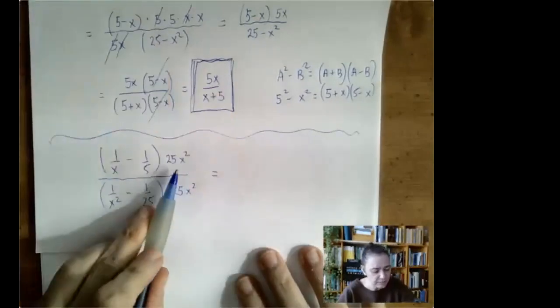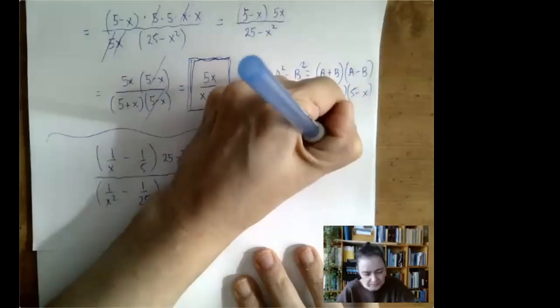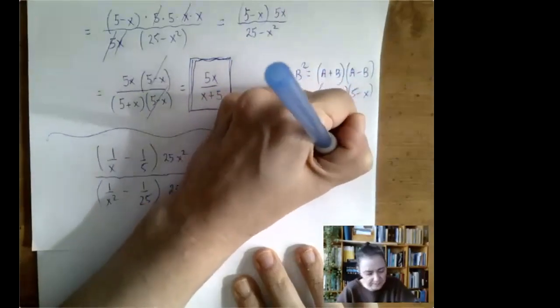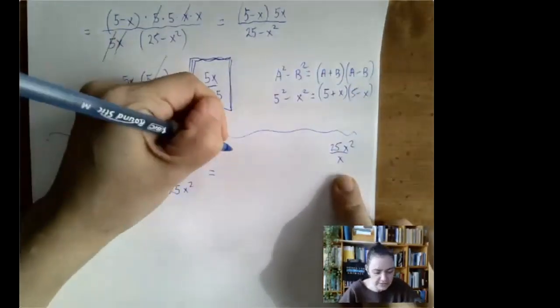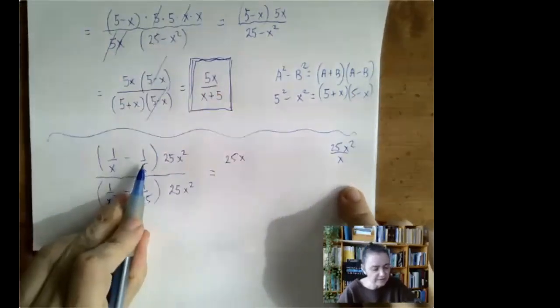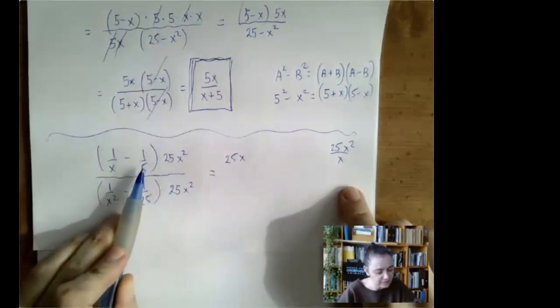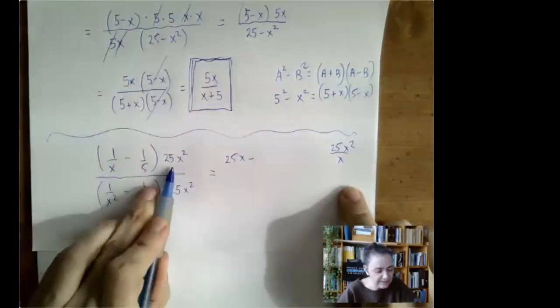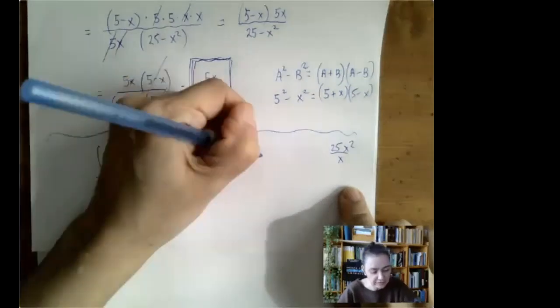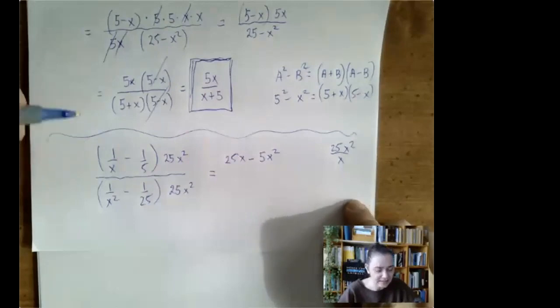Now, when we distribute, we get 25x squared divided by x, and that's just 25x. And then we have 1 over 5 times 25x squared. Just think about it the other way around. We're multiplying this thing by 1 over 5, so we just cancel out the 5. And that is extra here, right?